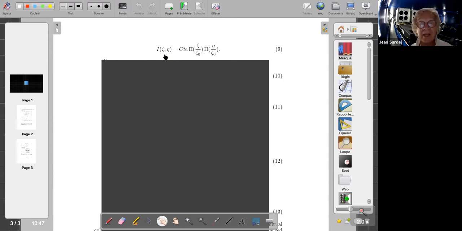But these are angular scales. So what would be a good representation for that intensity distribution? First a constant, that we will fix in a moment, times the rect function of zeta divided by zeta zero. So zeta zero is the angular size of one side of the square.